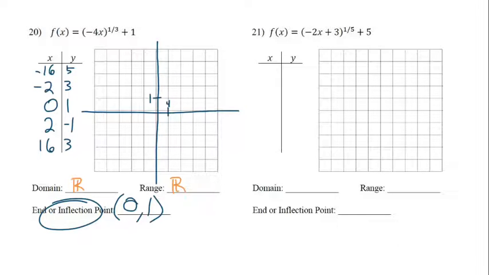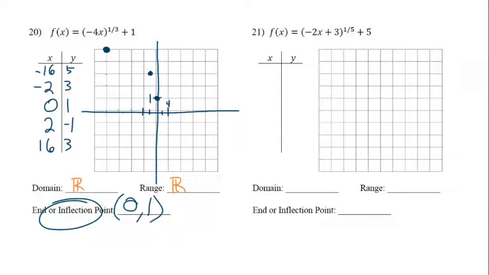So here we go. Negative 16, positive 5. 4, 8, 12, 16, 1, 2, 3, 4, 5. Okay. Negative 2, 3. So this is 4, which means that's 2. 1, 2, 3. 0, 1. Positive 2, negative 1.